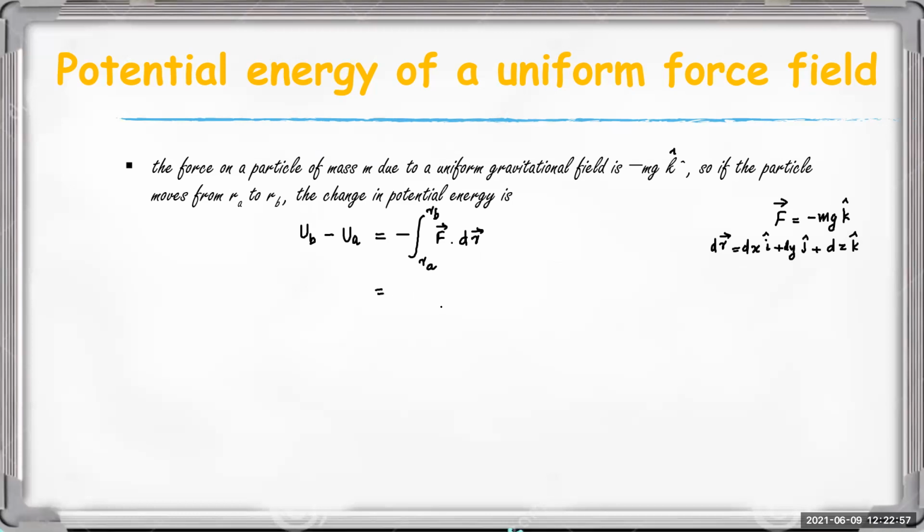Substituting this quantity here, it is equal to minus the integral from Ra to Rb of minus mg k dot (dx i plus dy j plus dz k).